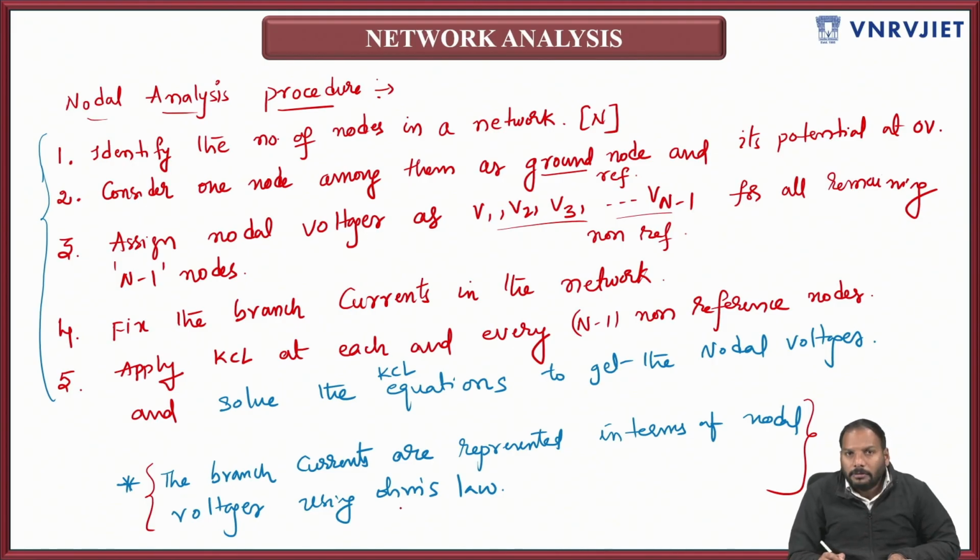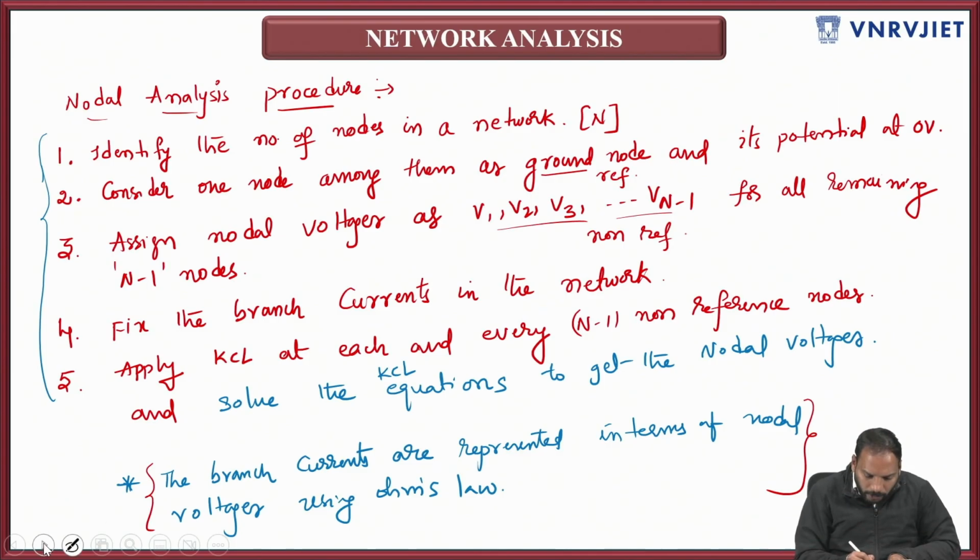So going ahead with the problems, we'll see some of the basics, how to apply Ohm's law if the nodal voltage is given, and how to calculate the branch currents. We'll see some basic logic on this. Then after that, we'll go ahead in solving problems using nodal analysis.